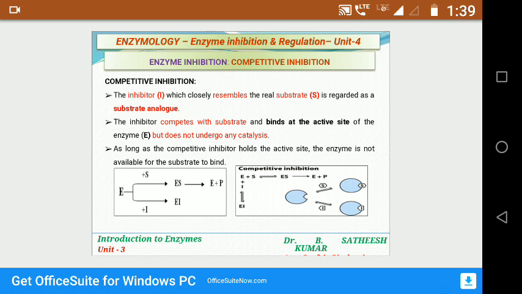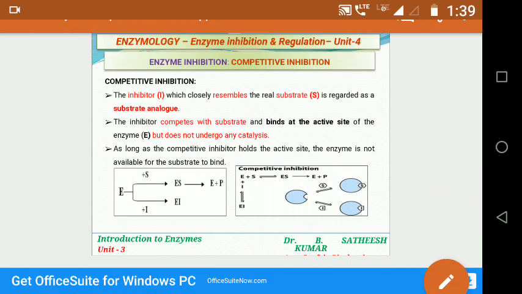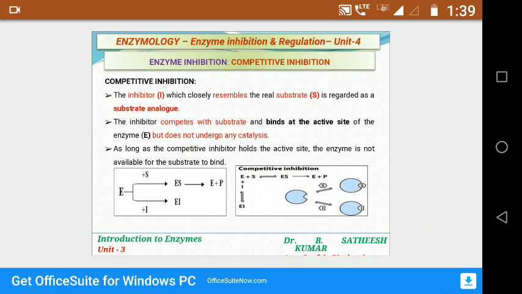Therefore, the inhibitor will compete with the substrate to bind to the active site of the enzyme. This is called competitive inhibition. The important thing to consider here is that both the substrate and inhibitor are structurally similar and both compete for the same active site.